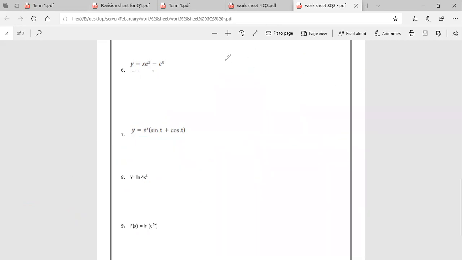Okay, look here. ln x to the power n, it will be what? Look, that is the first rule. n ln x. ln of any power function, it will be the exponent multiplied by ln x.